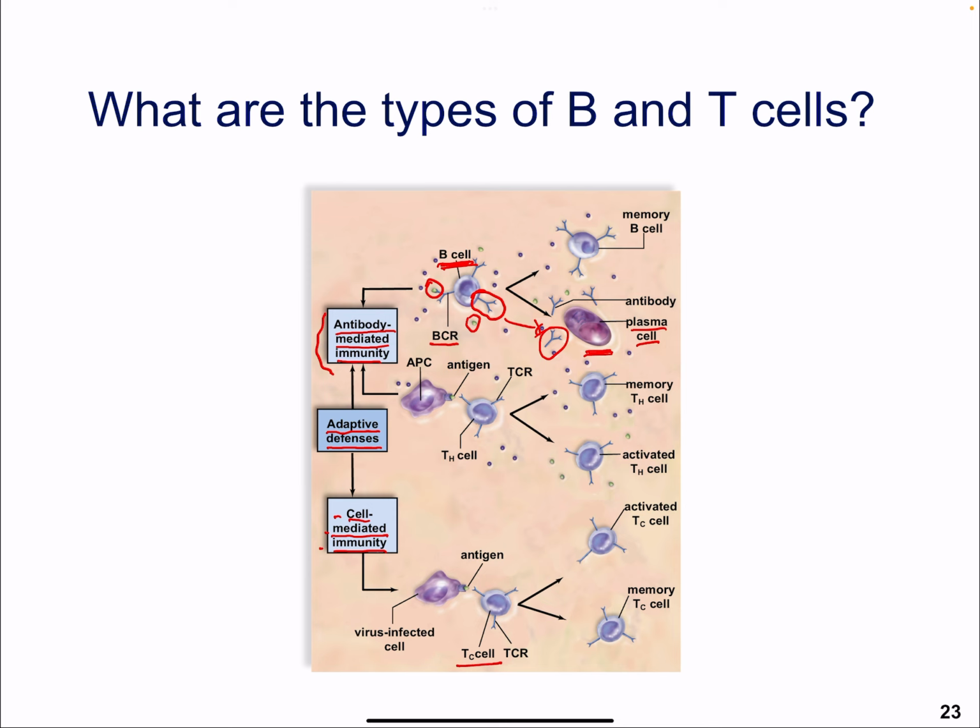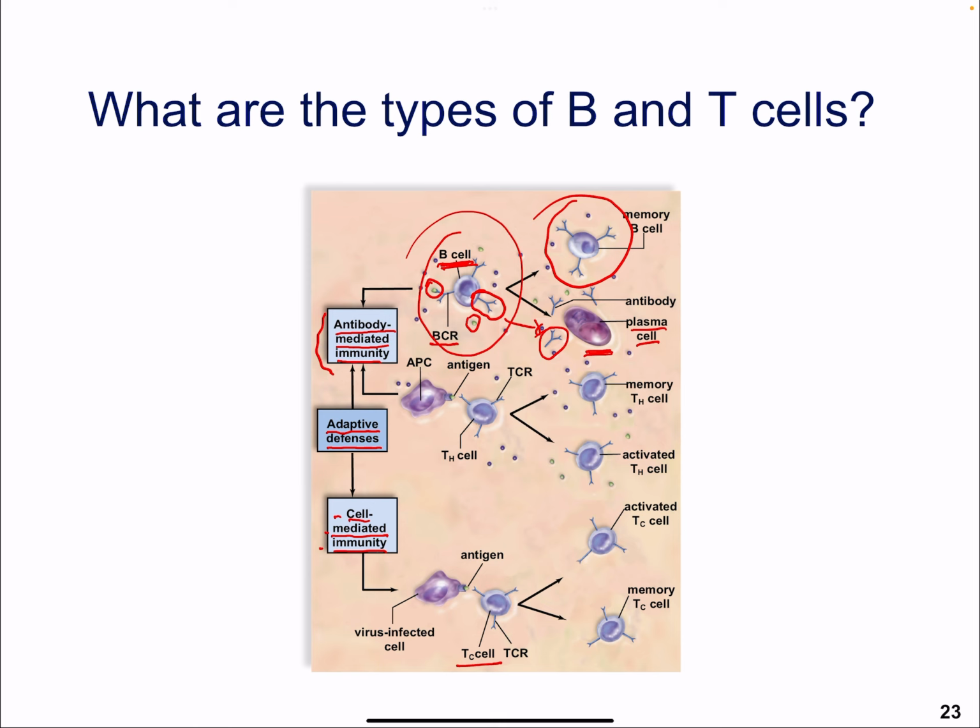That's it. And now, a portion of these B cells are going to be stored as memory B cells. And these B cells are only going to come into play when we have another infection.